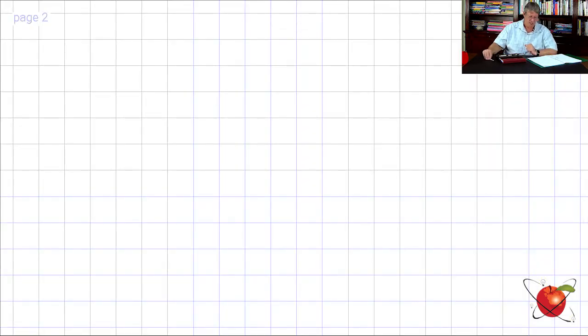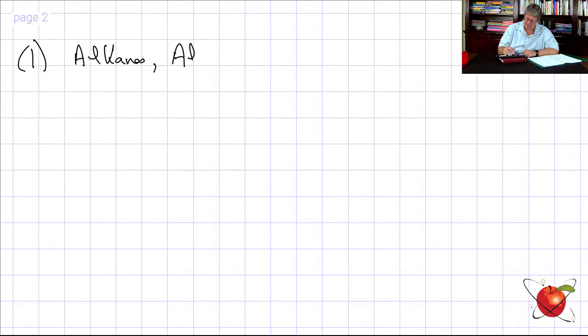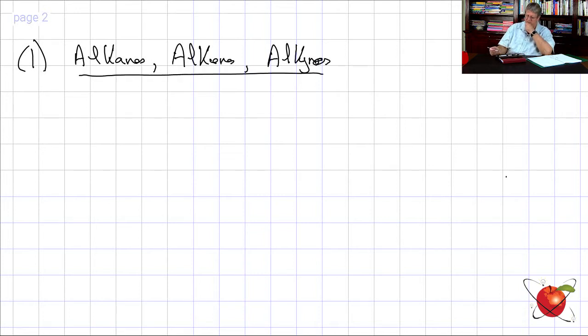Now, let's have a look. How do alkanes, alkenes, and alkynes compare? Let me summarize. So, one, I'm going to look at alkanes, alkenes, alkynes. Whoops, like so. All right, the standard ones.